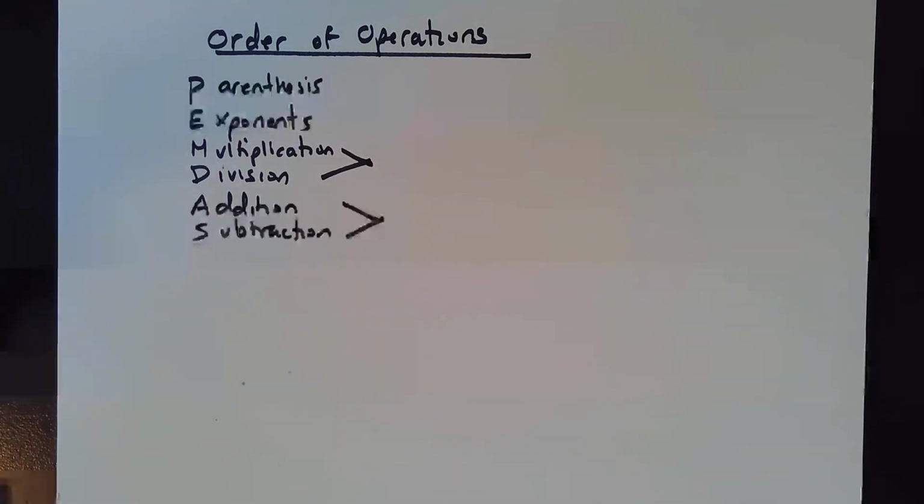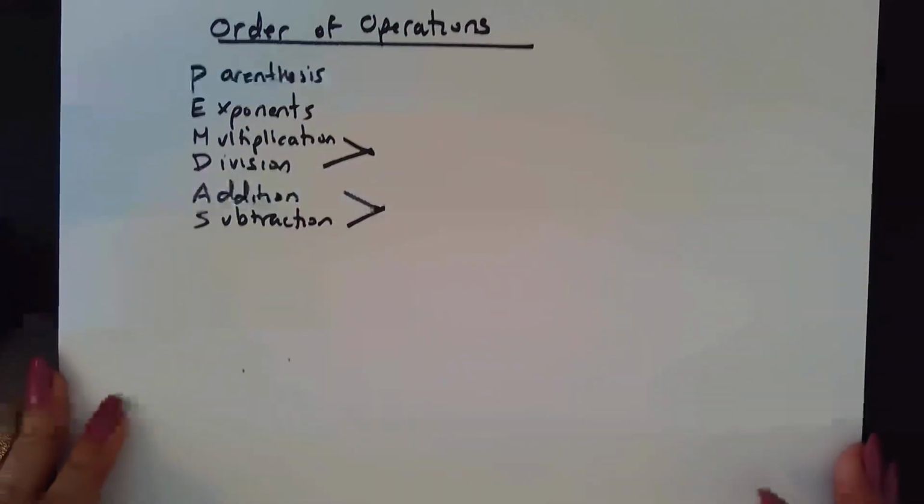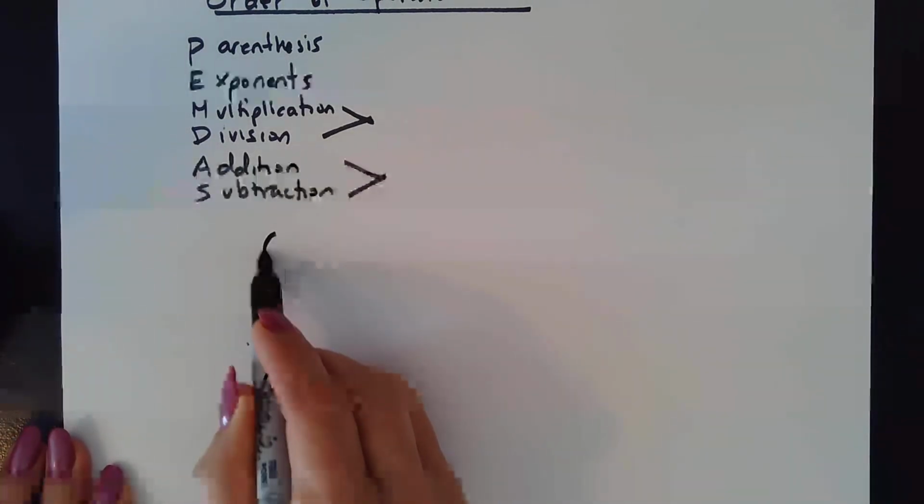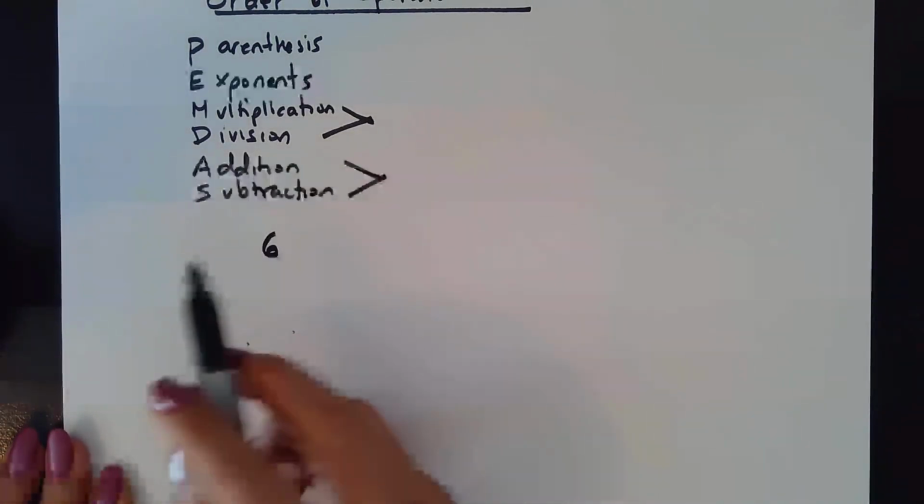Okay? So for example, I'm going to consider a very long problem so that it's going to help you understand the order of operations. So suppose you want to evaluate, or work, the following problem.